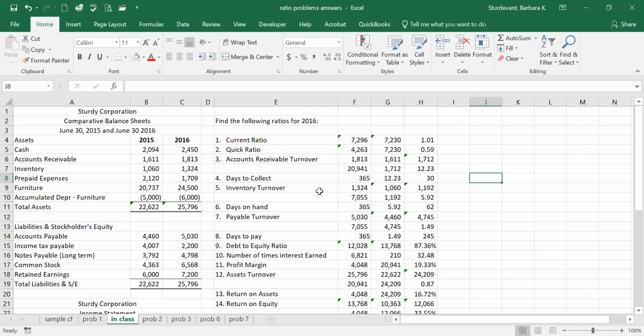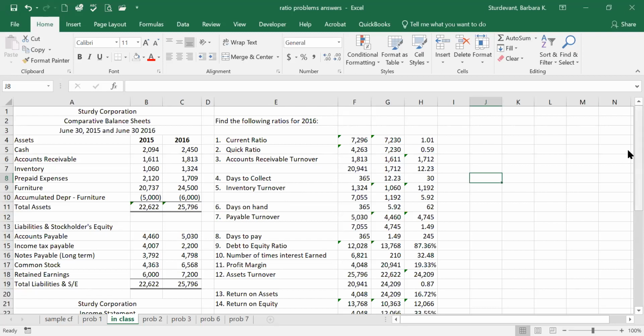Hospitality industry, you better not be keeping that stuff very long because again, it's probably food. The difference between the accounts receivable turnover and the inventory turnover is that the inventory turnover uses cost of goods sold on the top. And that should make sense because inventory has to do with cost of goods sold. Accounts receivable has to do with sales.